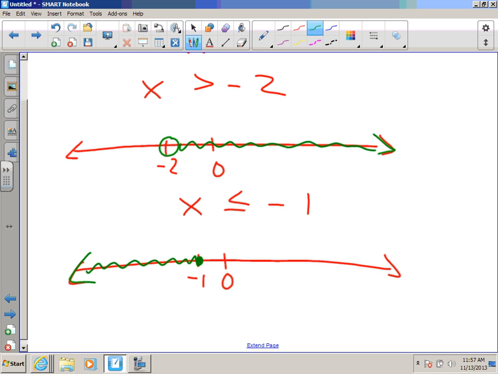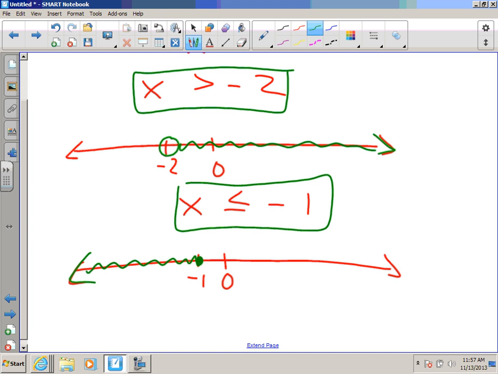Now the "and" tells us that whatever part is shared. For a value to work, it has to be in the section of the number line that is shared by both of them. What part is shared by both of them?